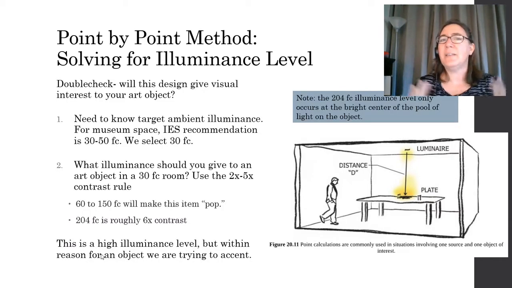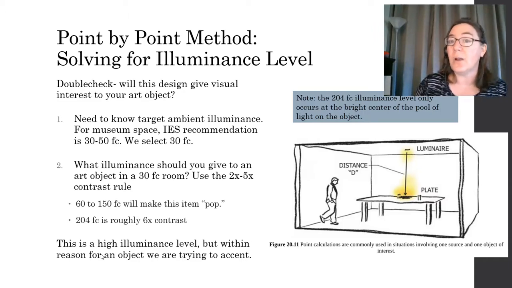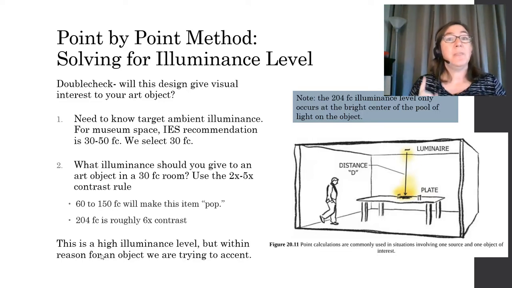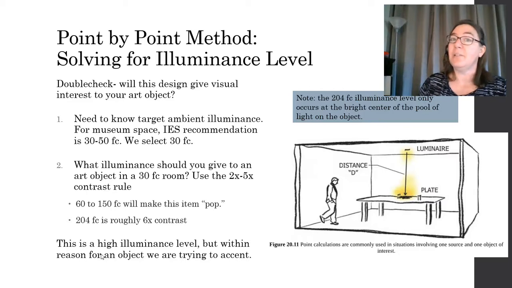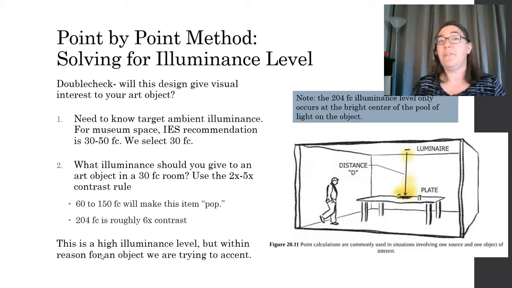Let's double check. Is this design going to give visual interest to your art object? I'm not really sure. Let's find out. The first thing we need to know is your target ambient illuminance level in the room. For a museum space, the IES recommendation is somewhere between 30 to 50 foot candles.